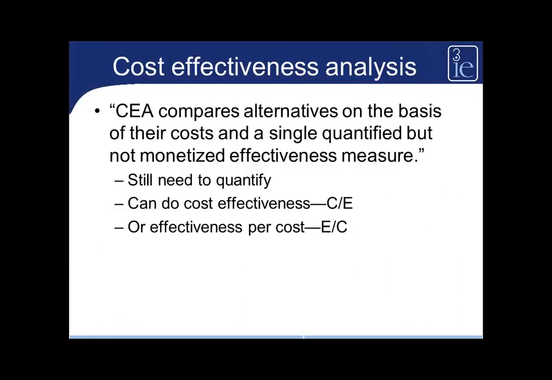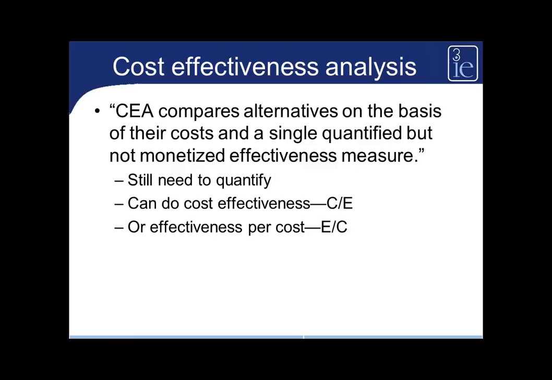Okay. So cost-effectiveness analysis compares alternatives on the basis of their cost using some kind of quantified but not monetized effectiveness measure. We still ideally need to quantify, although sometimes we do that just by ranking. And you can think about it either in terms of cost-effectiveness, so what is the cost of getting 1 unit of what we're measuring as our outcome, or effectiveness per cost.